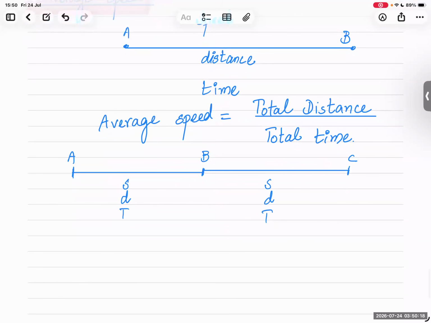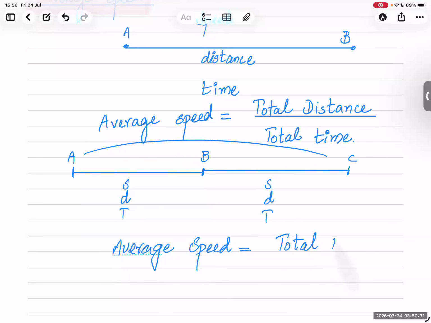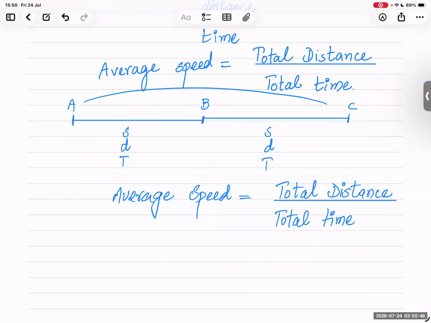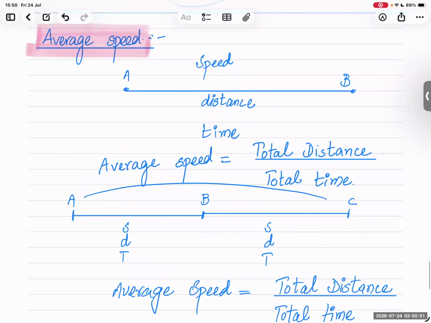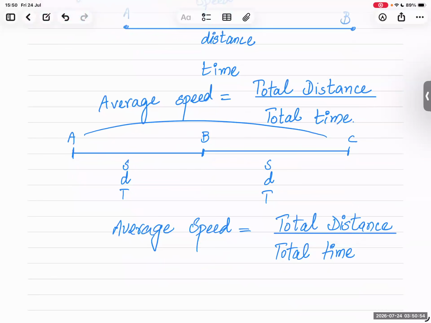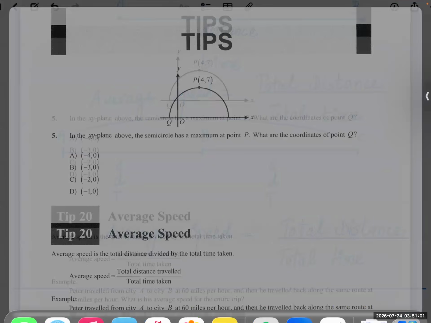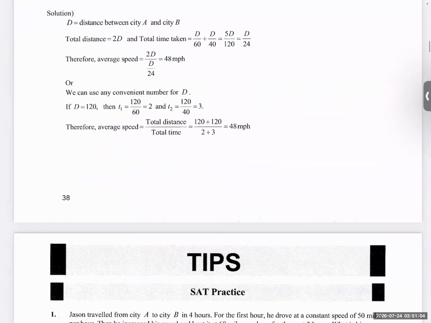So if you have to find it from A to C, that would be the average speed: total distance divided by total time. That's how it would work.